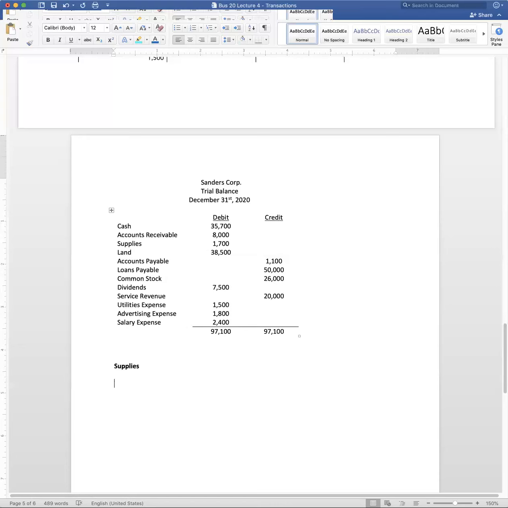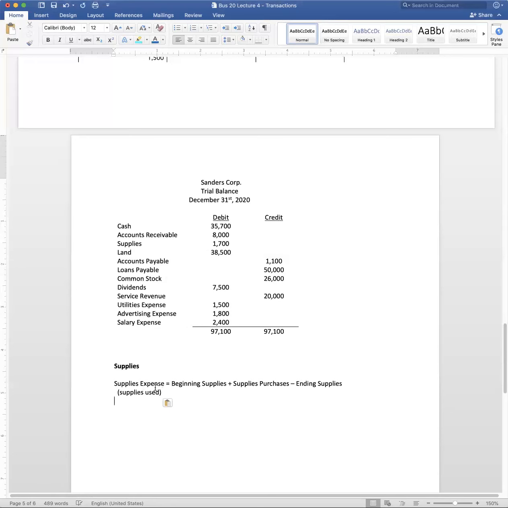So essentially, we have a formula to calculate this. The supplies expense, or the supplies used, is the beginning supplies, so what we started with at the beginning, plus anything we purchased to supplement.